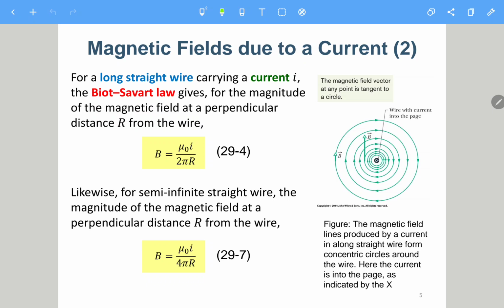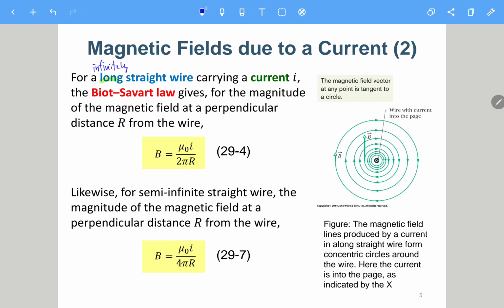Based on the Biot-Savart law, we can calculate the B field generated by a long straight wire. As I mentioned earlier, long means infinitely long, 无限长的.